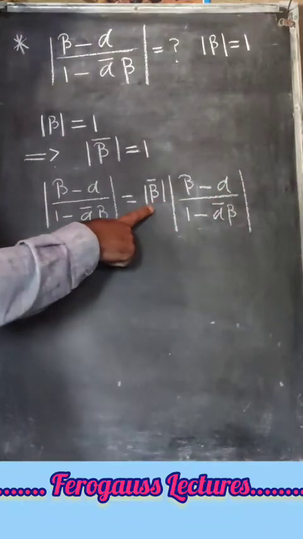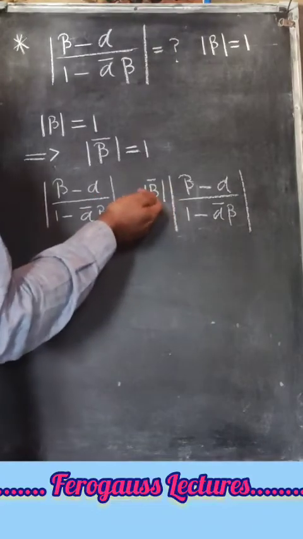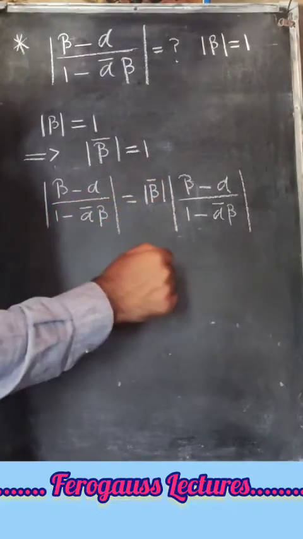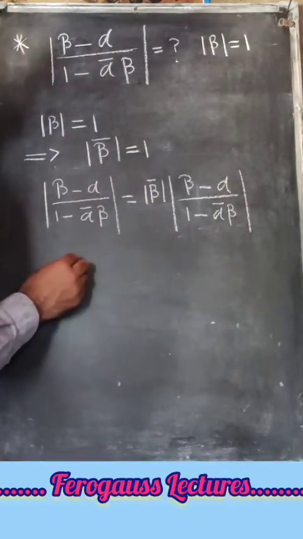Since modulus of beta conjugate is equal to 1, multiplying it to this modulus leaves it unchanged.